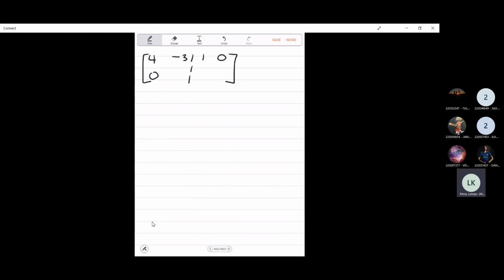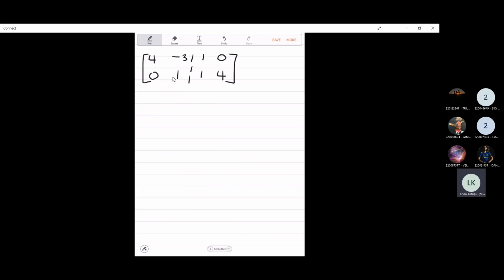And then 4 plus -3 is 1. Then 0 times 4 is 0 plus 1 is just 1. Then 1 times 4 is 4 plus 0. This gives me 4. Then I need to make this one here a 0.